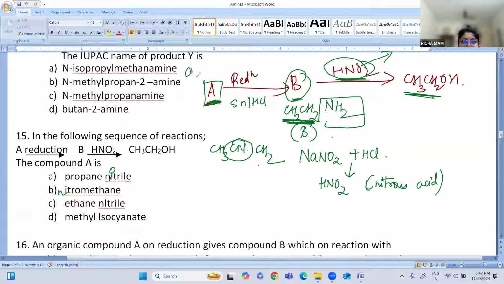So this will be CH3CN, ethane nitrile, option number C.